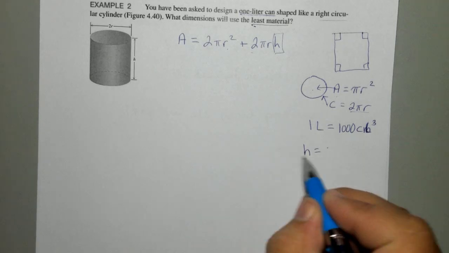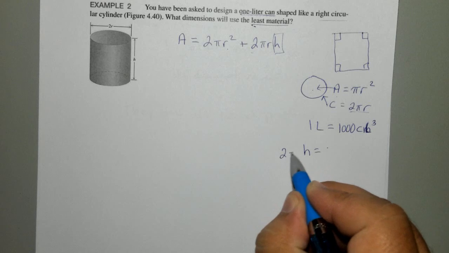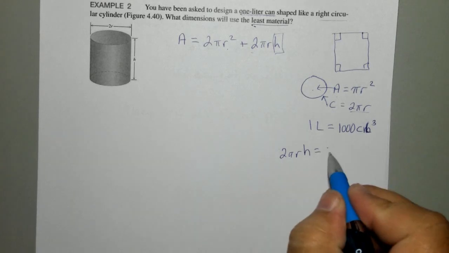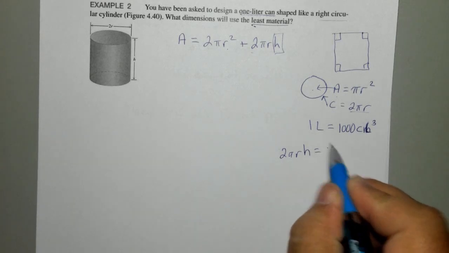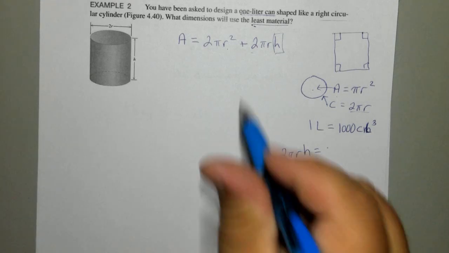So we know that 2 pi r h has to be the volume of it, or what it contains. It's a 1 liter can.